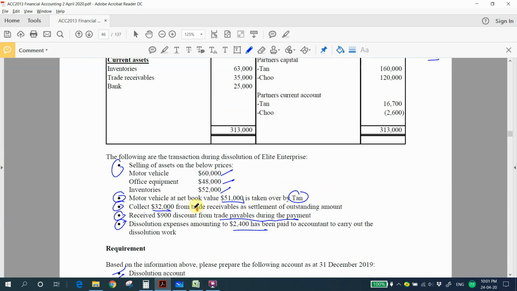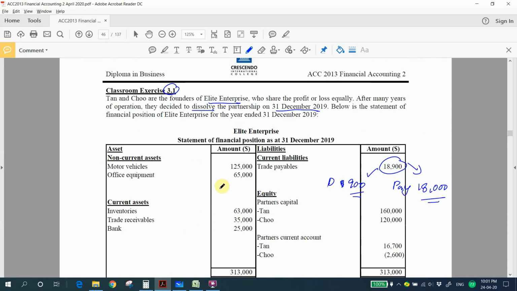So let's go back to the textbook. They share the profit or loss equally. Equally means that Tan is 50, Chu is 50 also. It means that any profit or loss they share equally.